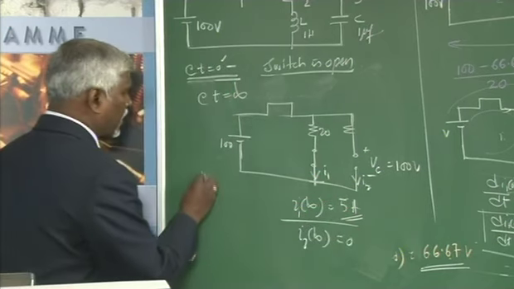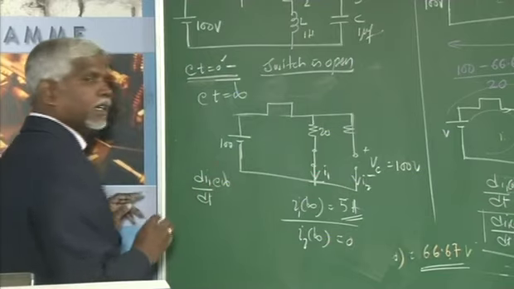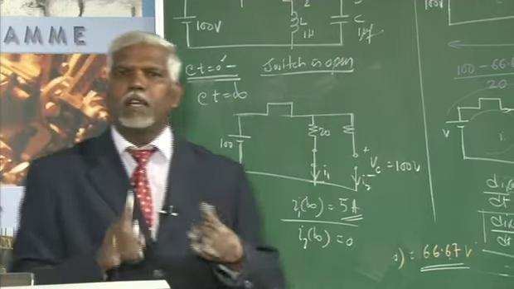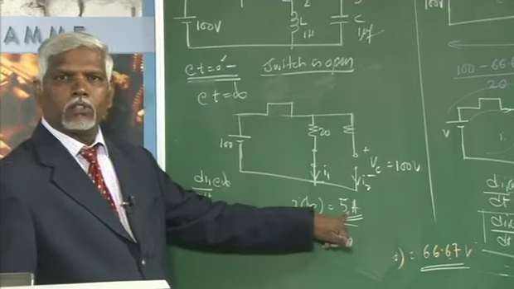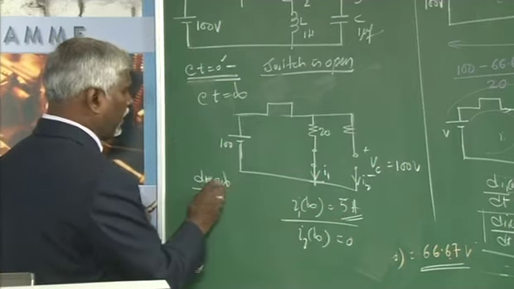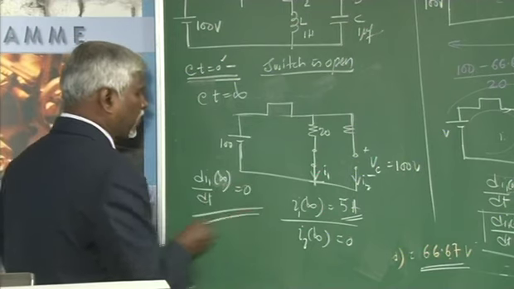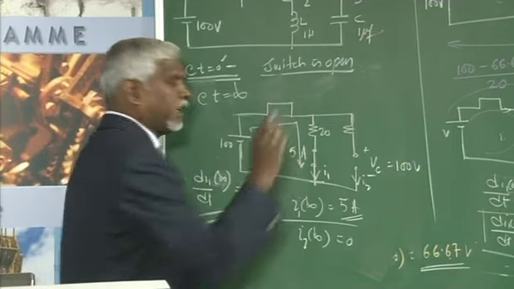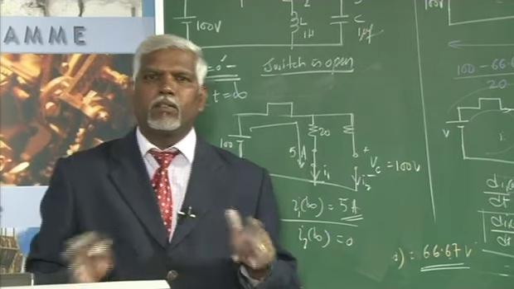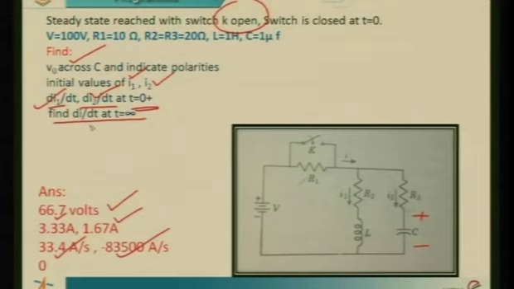But in the question they have asked what is dI1 by dt at infinity. At infinity there is no rate of change of current, the current through I1 remains 5. So, dI1 by dt at infinity will be 0, because there is no change in current. The current in this loop is 5 amperes only.